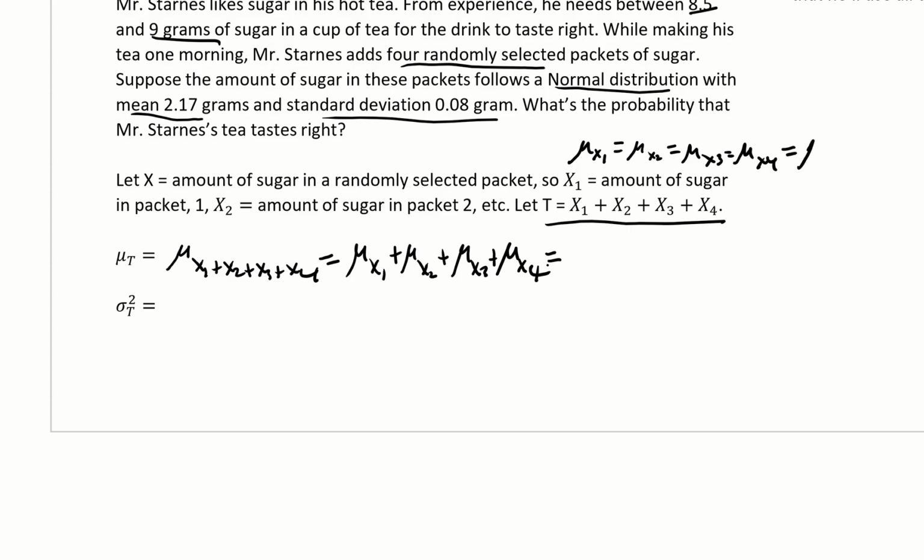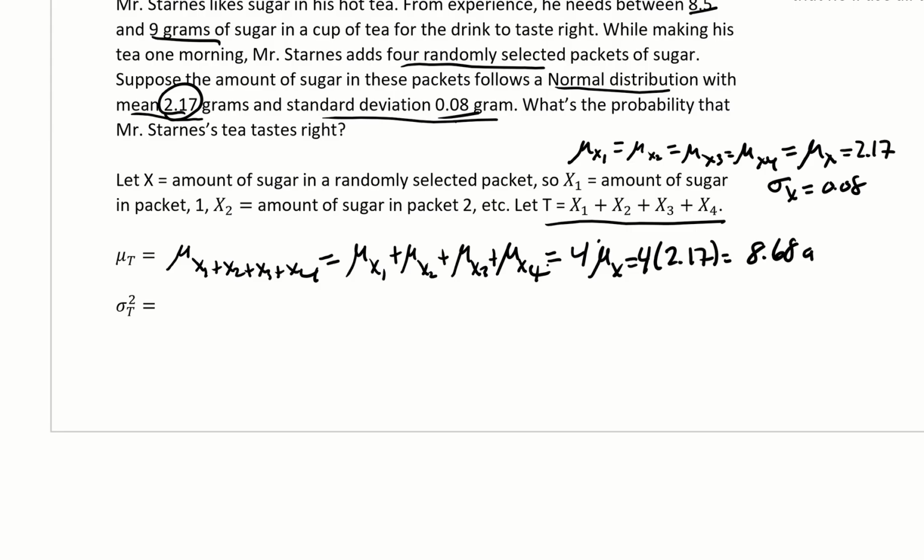They're all equal to mu x, and this is mu x, 2.17. And we have sigma x is 0.08 according to this. So this is going to be 4 mu x, so 4 times 2.17, which is 8.68 grams.